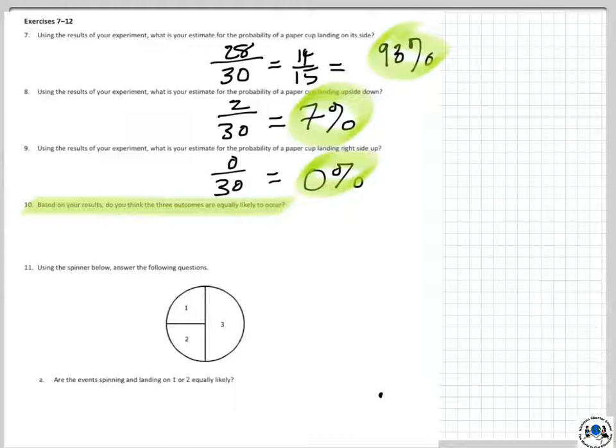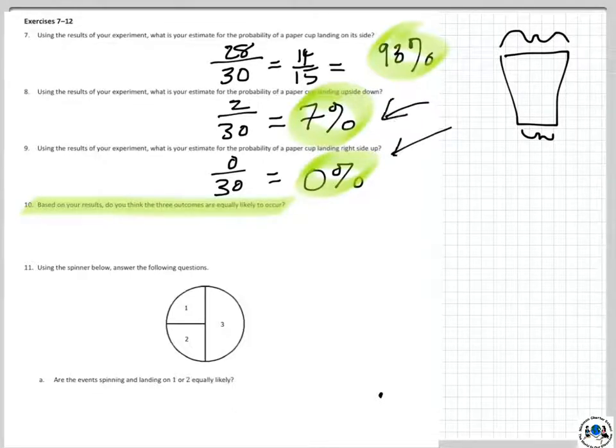Even though on my second round with the smaller cup I did have one land right side up, it seems pretty obvious that would be the more difficult feat, as the base is smaller than the top opening. It just makes sense that these two would be different. That's for sure. But again, it's all chance, so who knows? You may have had quite a few more landing right side up than I did.